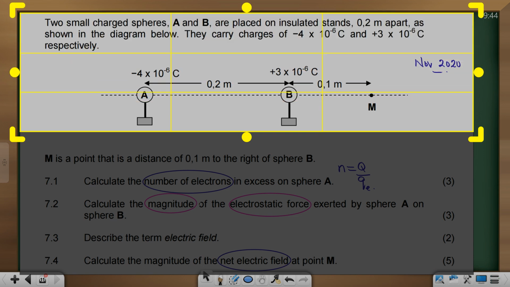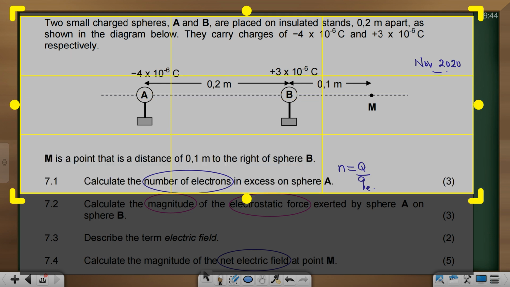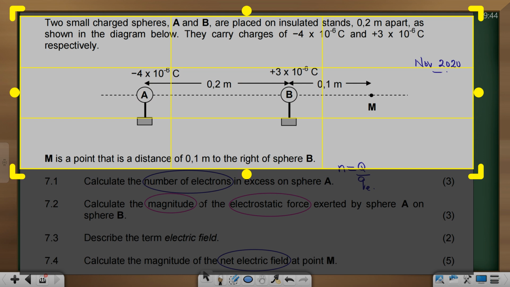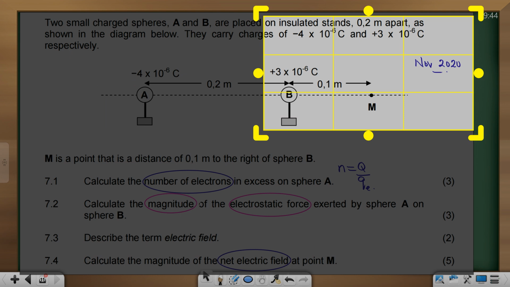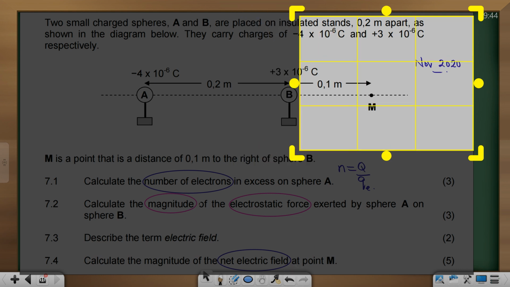One second, I can't find my... Okay, I'm stuck. This board is not doing what I want. Let me use a mouse to force it to do what I need.